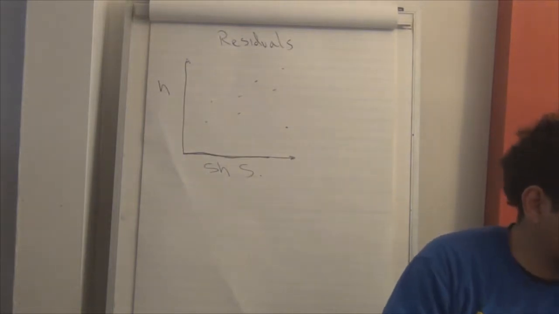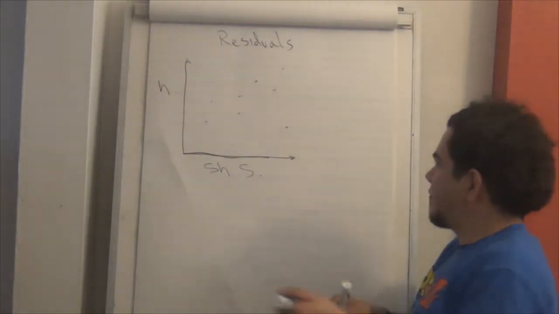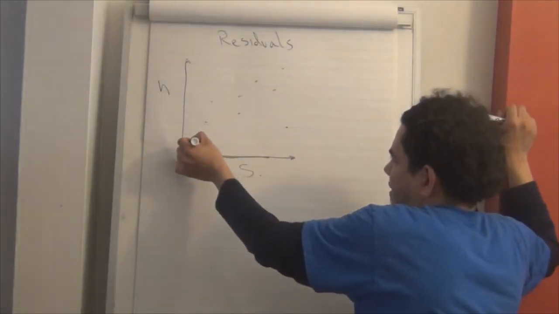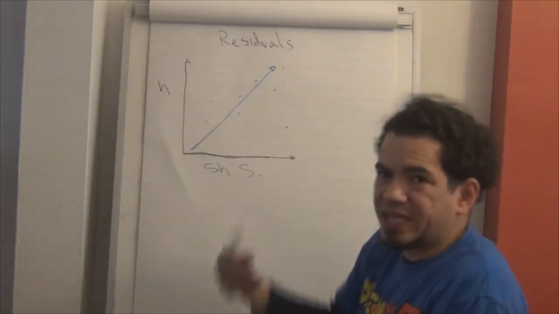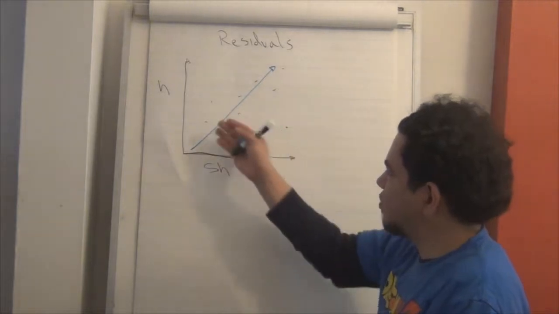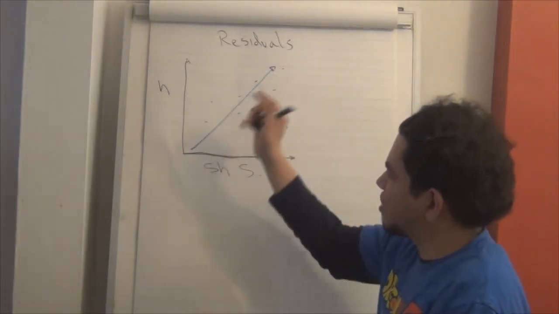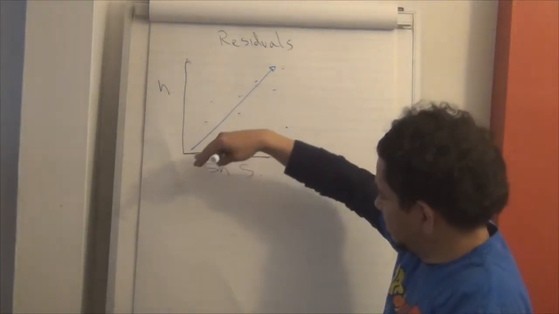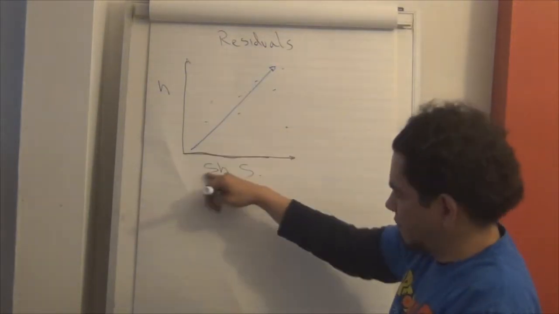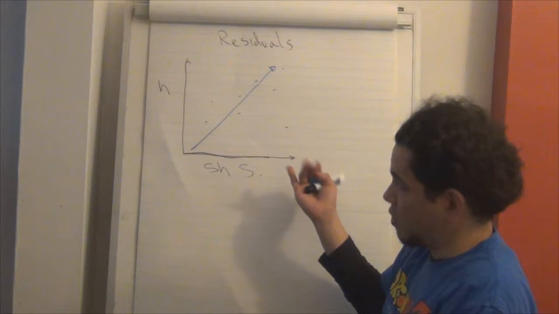What is the line of best fit? It's a prediction. Sometimes we don't have all the values, but it's a prediction. The taller you are, the bigger your shoe size.